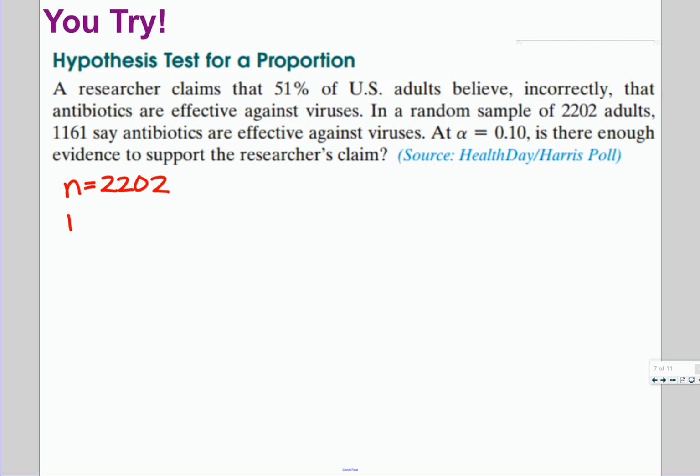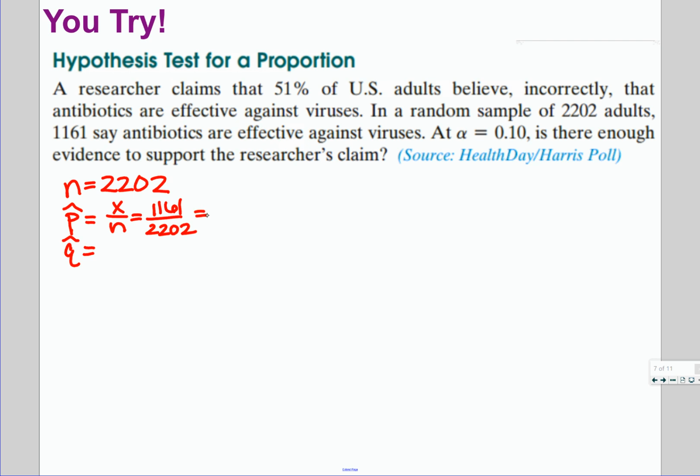Okay. P hat, Q hat. Now here they don't tell us the proportion that said yes in the sample. They tell us the number that did. So you have to calculate P hat, which we did earlier. That's X over N, the people that confirmed yes to that question, 1161 in this case, over 2202.